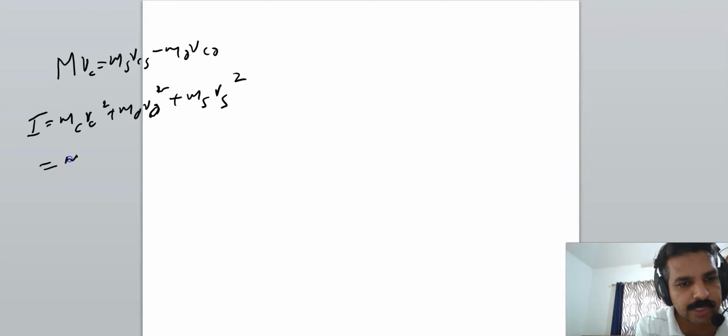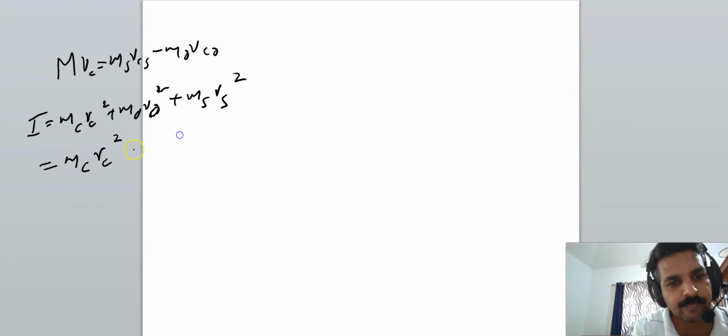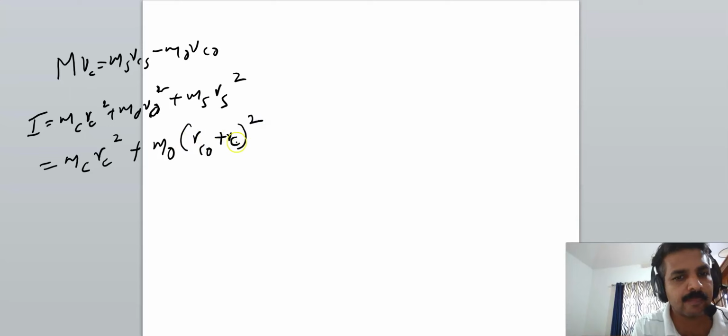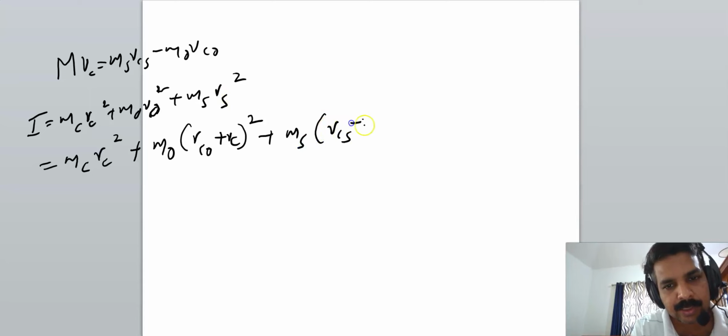We get MC RC square plus MO, for RO we can write (RCO plus RC) square plus MS, for RS we can write (RCS minus RC) square.